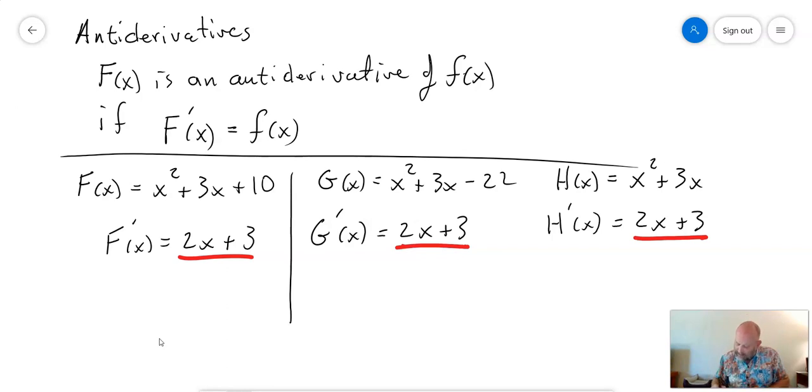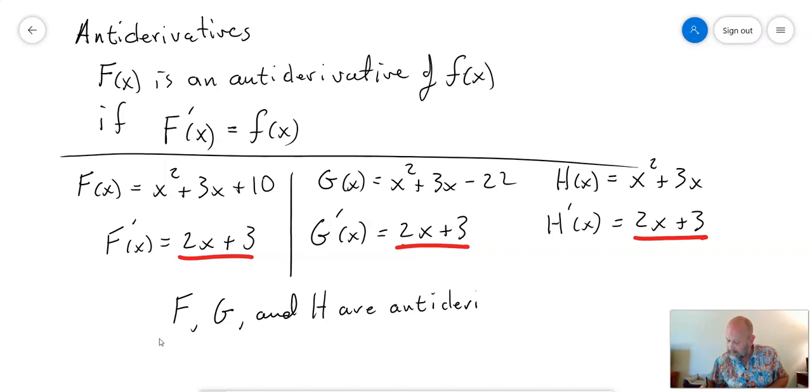And so what that means is that F, G, and H are all antiderivatives of 2x plus 3.